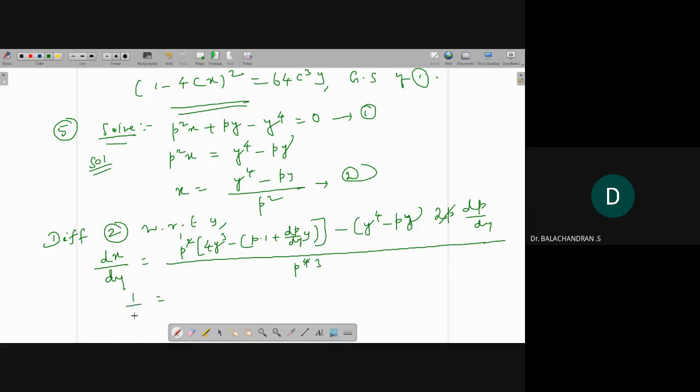So this is 1 by p equal to 4 y cube by p minus p square minus py into dp by dy minus 2 y power 4 dp by dy plus py into dp by dy, divided by p cube.